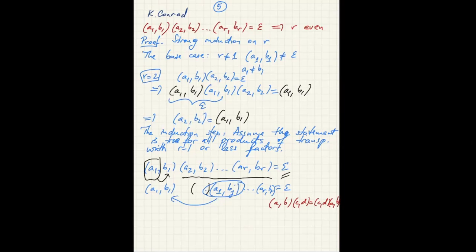Because I want to bring A1 all the way to the front, let's just assume that this transposition A1 BJ is the first one that I see when I move to the right after I've seen A1 B1. So it's the first transposition that contains A1. So in this position, we could have some BJ. That's the situation we're dealing with, and maybe some other element.